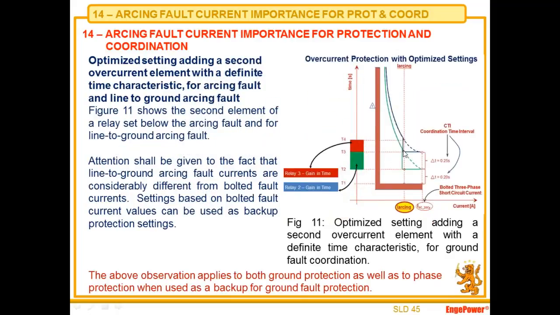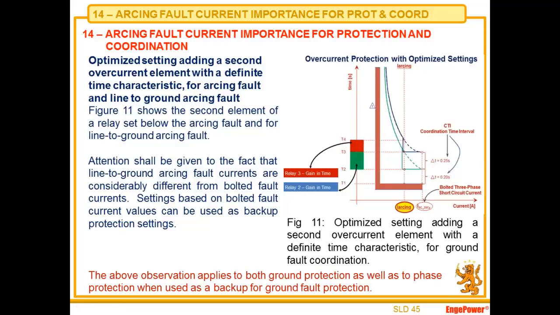The same applies for using a second element with definite time. So what we do here? Normally, if you receive a short circuit study and a coordination study, you may have the low voltage circuit breaker curve here, the relay curve here, and the upstream relay here.